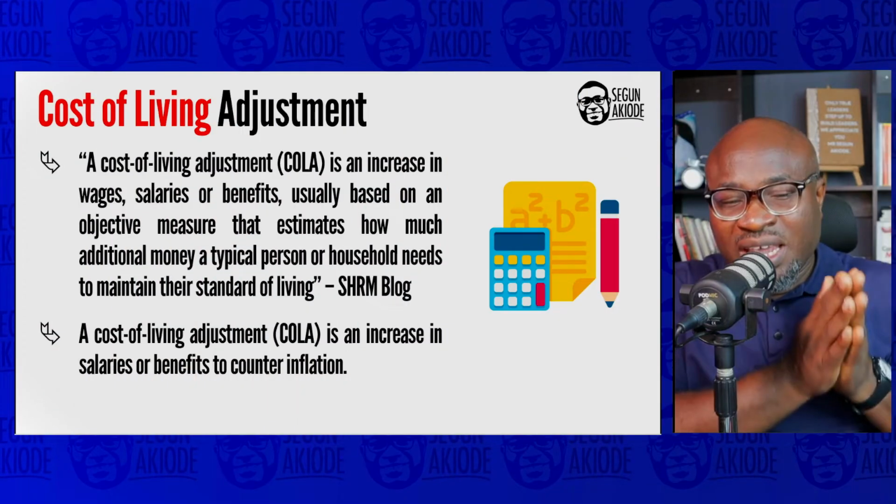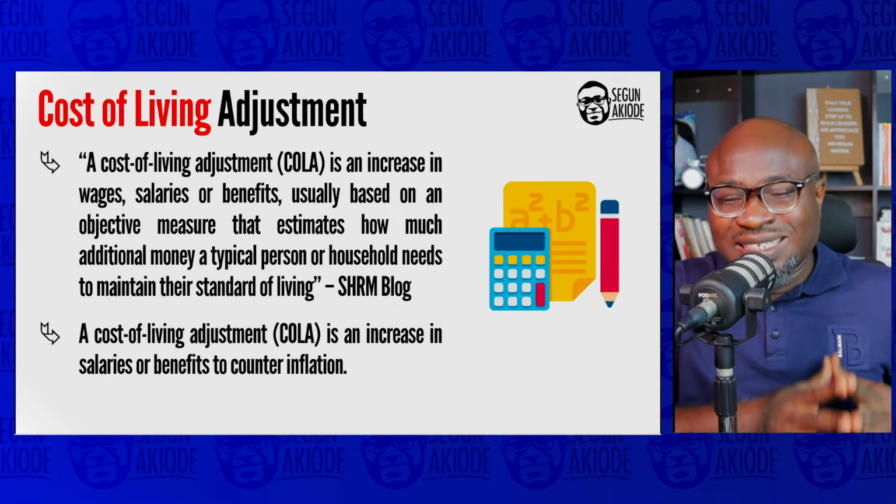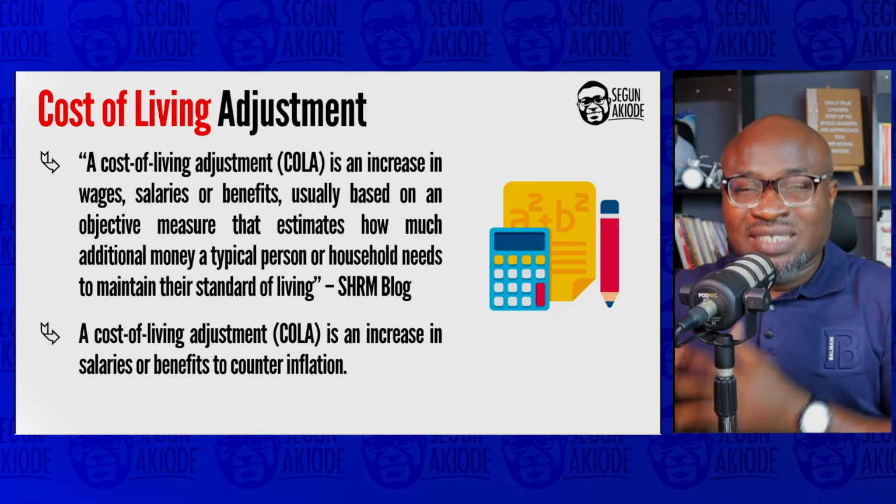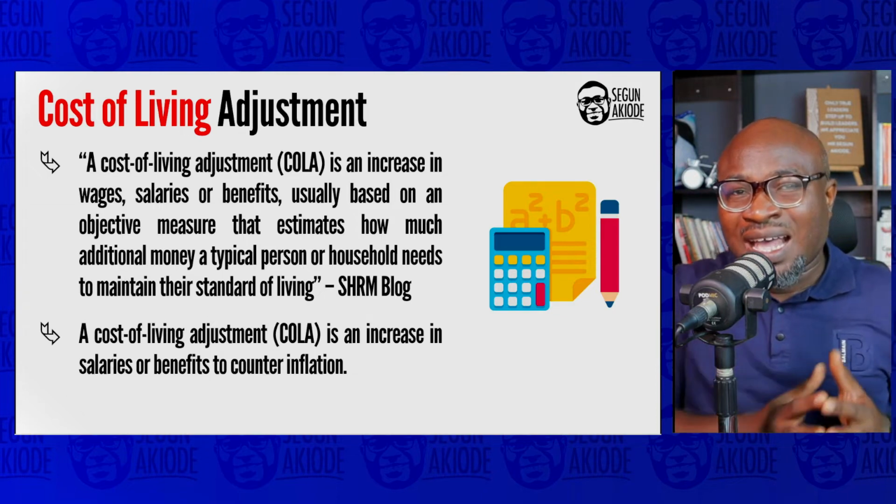What 100,000 can buy last year is not what 100,000 can buy this year due to inflationary changes. In simple terms, a cost of living adjustment is an increase in salaries or wages to counter inflation.